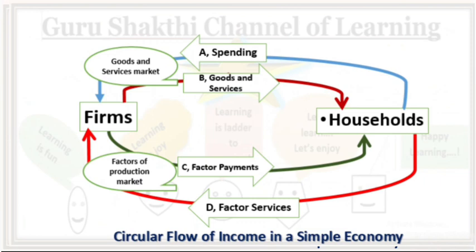After receiving the services, the firms pay income. The income is further used to purchase goods and services. This continues year after year, thereby continuing the income flow from firms to households and from households to firms. Hence, it is termed circular flow of income.